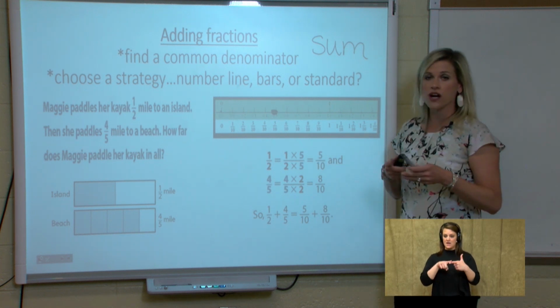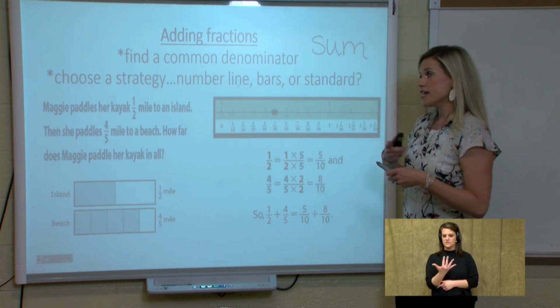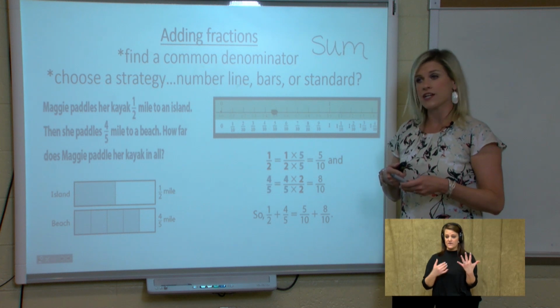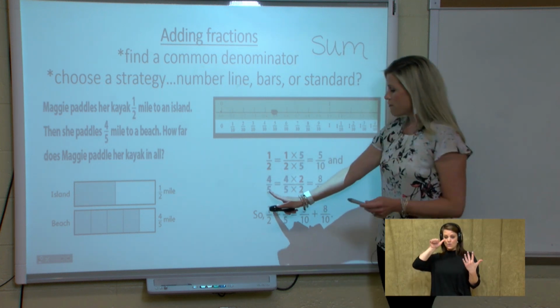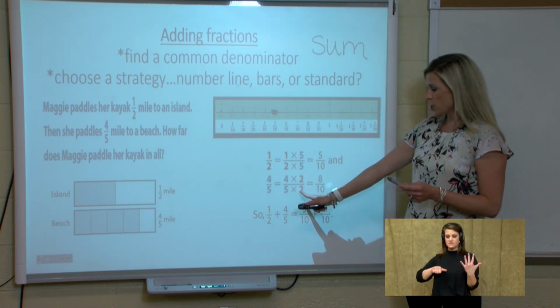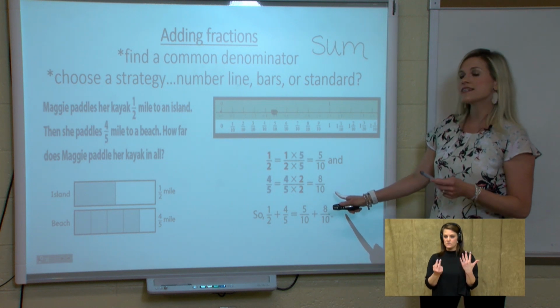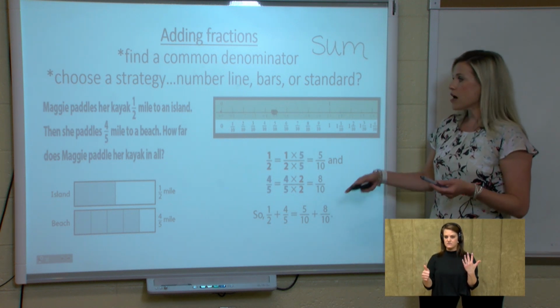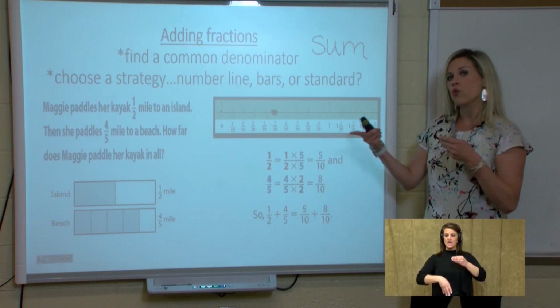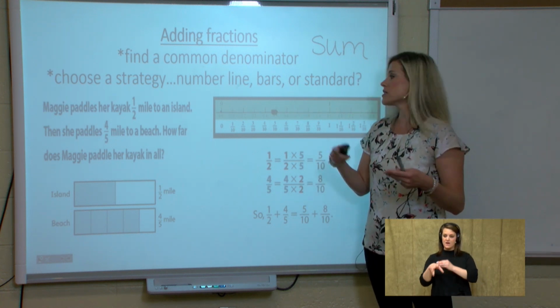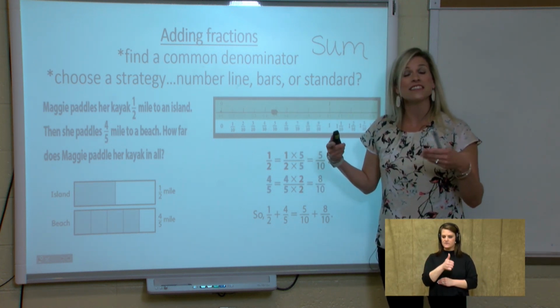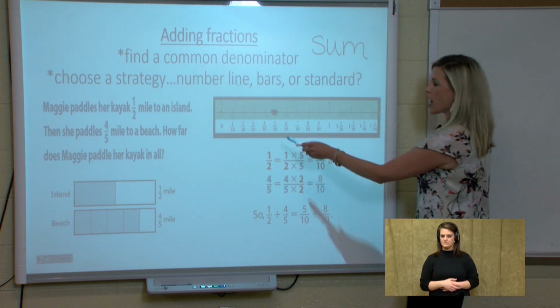Then I have 4/5. If 10 is my denominator, then remember 4/5 times 2 would be 8/10. So I'm going to add together 1/2, or 5/10, and 8/10. Here I am at 1/2.